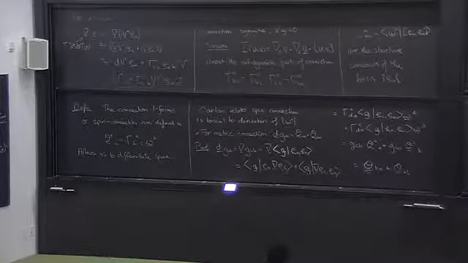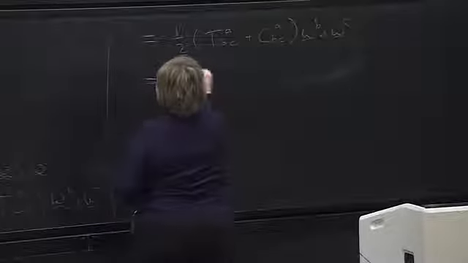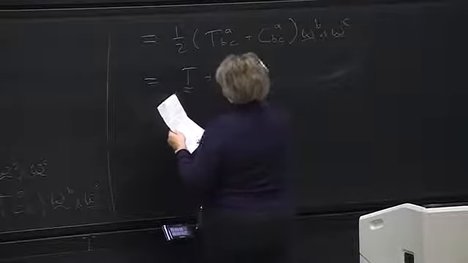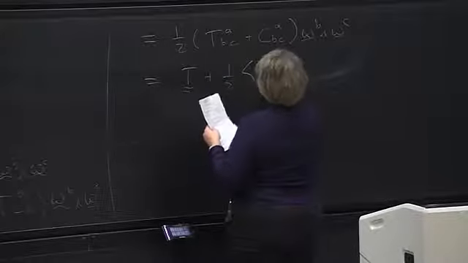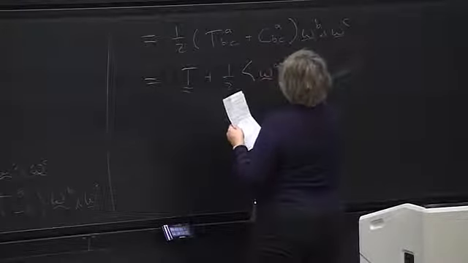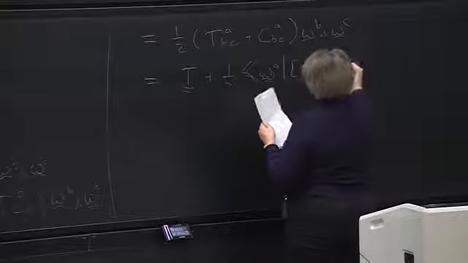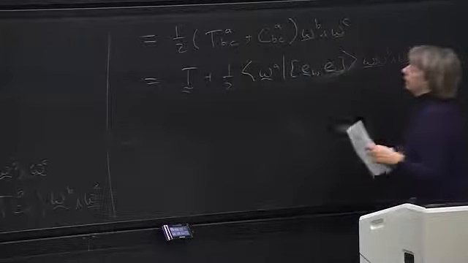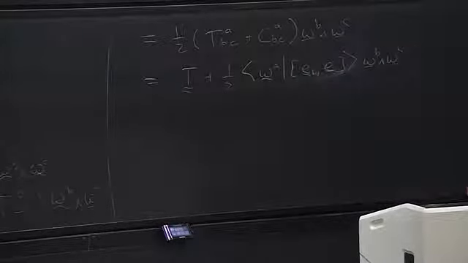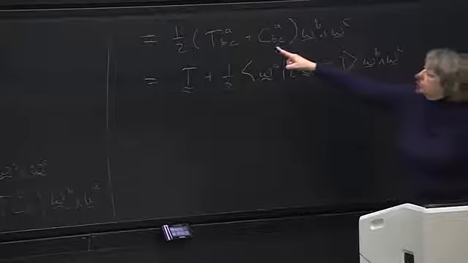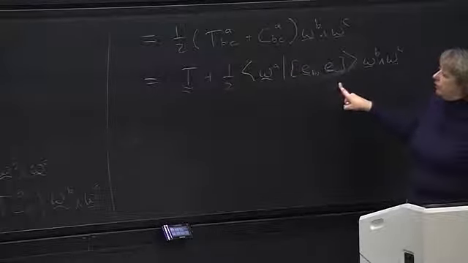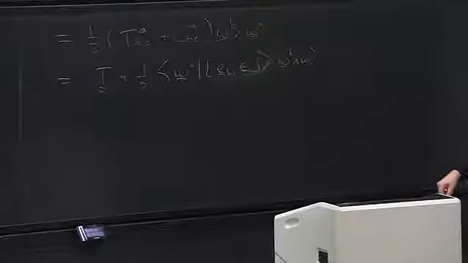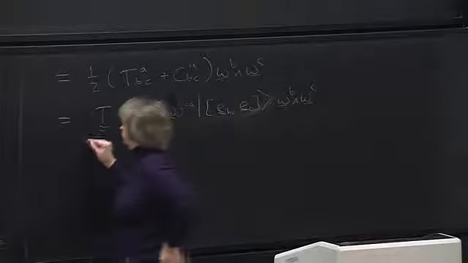Now I use the fact that these structure constants are the Lie bracket of the two basis vectors. And so what I've done here, this is the torsion tensor.